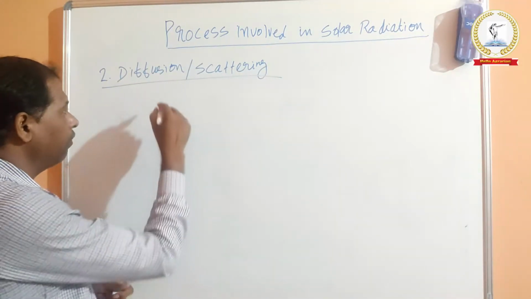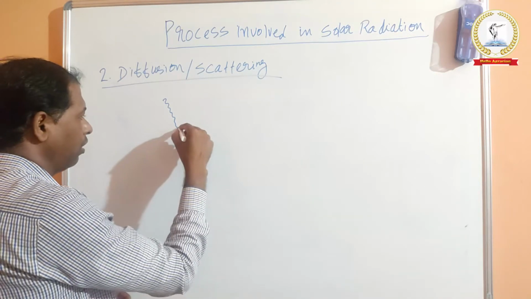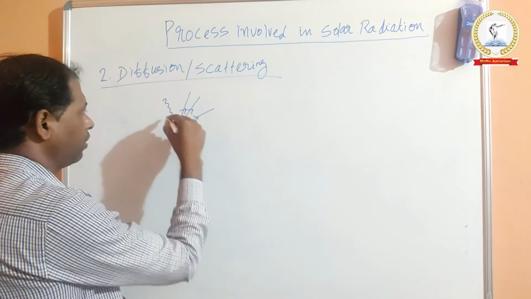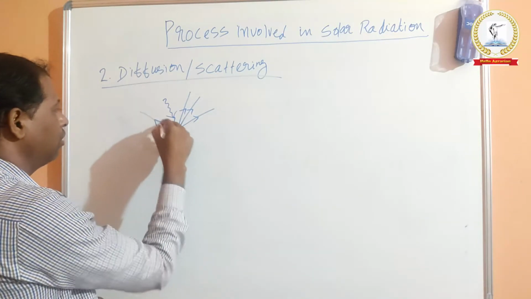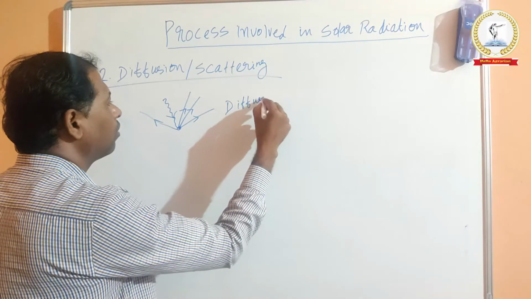You see here, when sunlight falls at a common point, it reflects in all directions, so that is called diffusion.